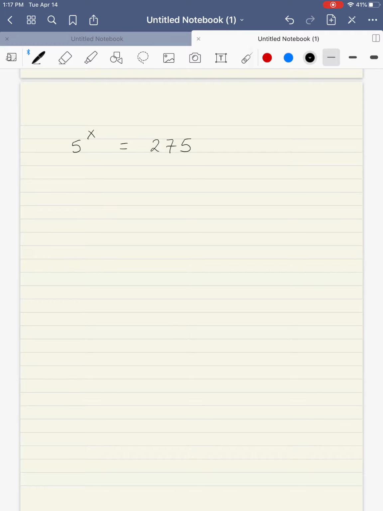We see that 275 is not an integer power of 5. So use the method that I just showed you to solve this equation. Pause the video, follow the steps in the previous example, and then start the video back.